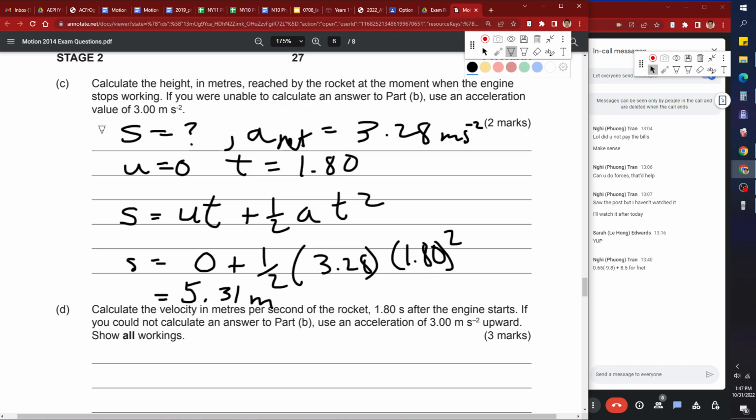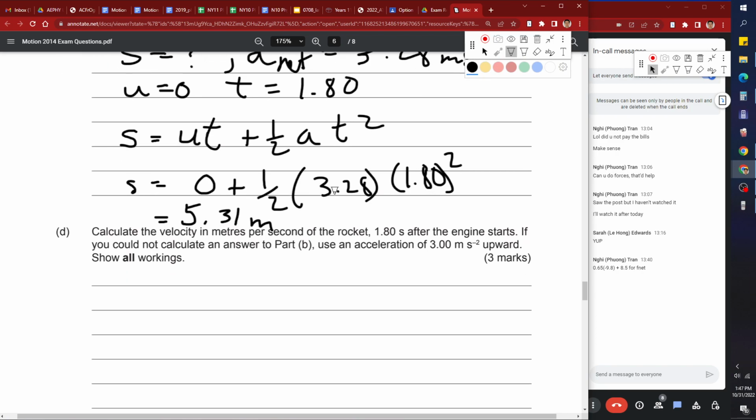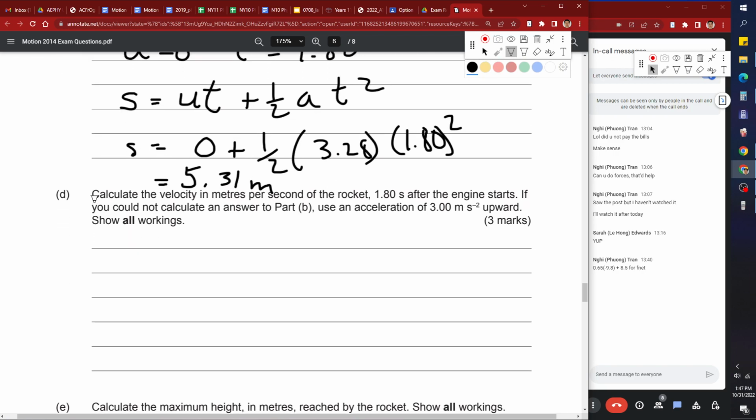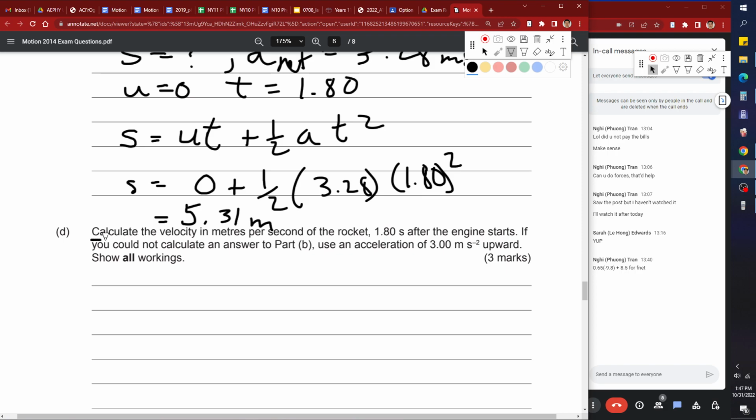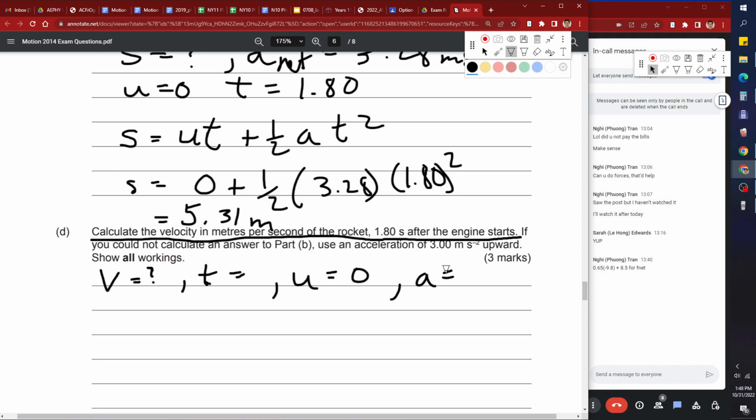Okay, so that's part C, 2 marks for that. Calculate the velocity, in meters per second, of the rocket after 1.8 seconds. So we want v, really. If you cannot calculate part B using acceleration, we're still going to use our original one. Now we have time, time's still the same, u is still the same, a is still the same.